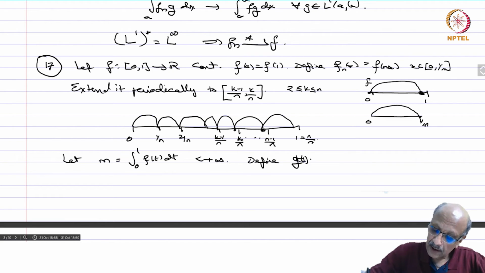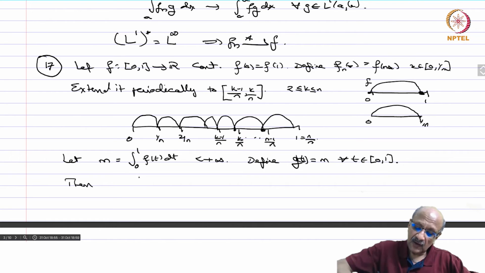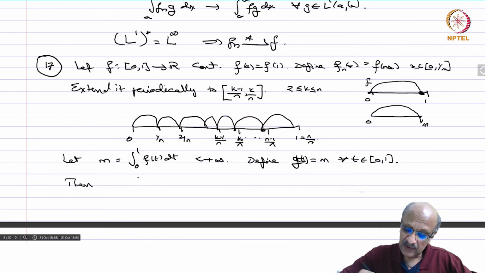Then define g(t) equals m for all t in [0,1]. Then f_n is of course in all the Lp spaces. It's in L infinity and in all the Lp spaces because it's a continuous function on a compact set, and that's why we took periodic. When we take the same value at the end points and then repeat, it becomes a continuous function.